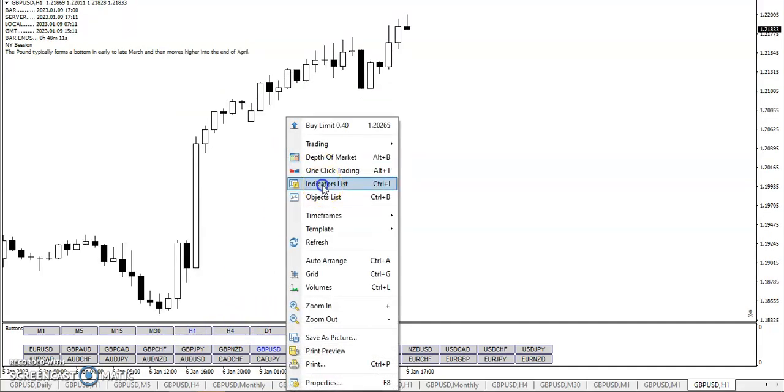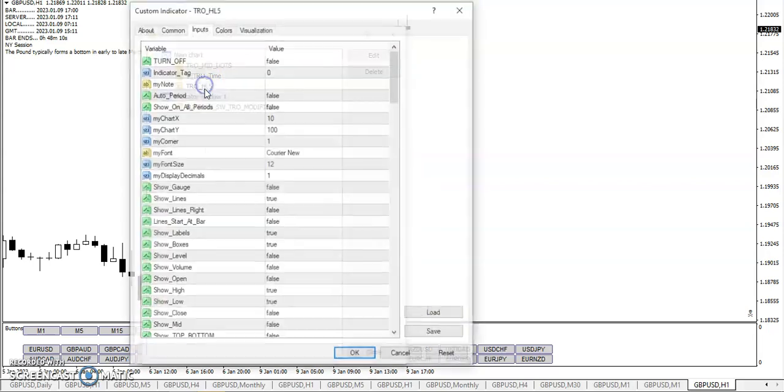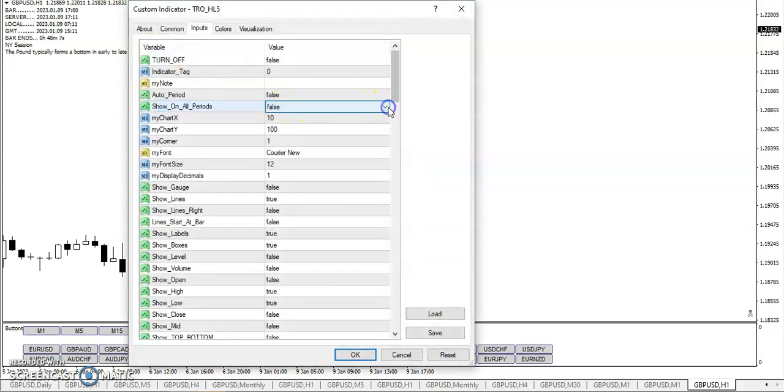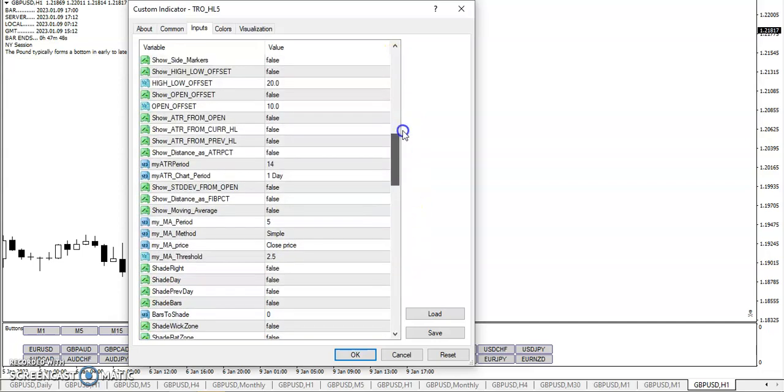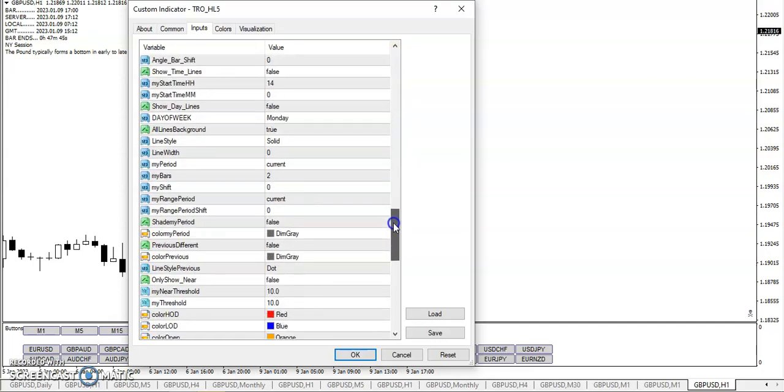There might be another setting in there so it would know what periods to show on. So it might have to do with the my period.